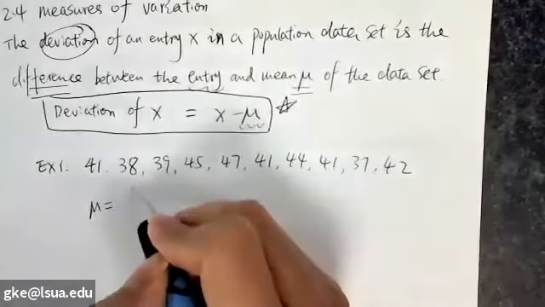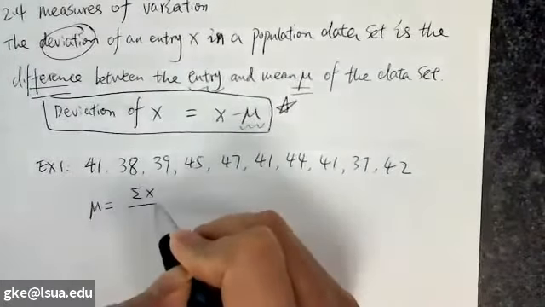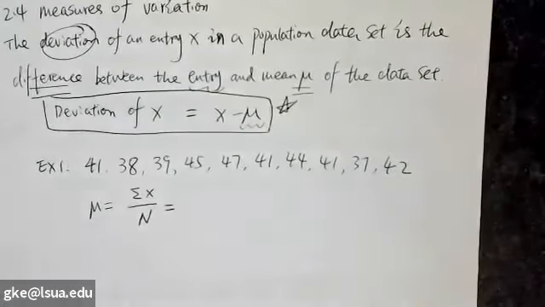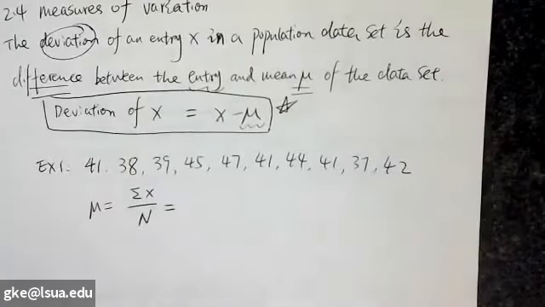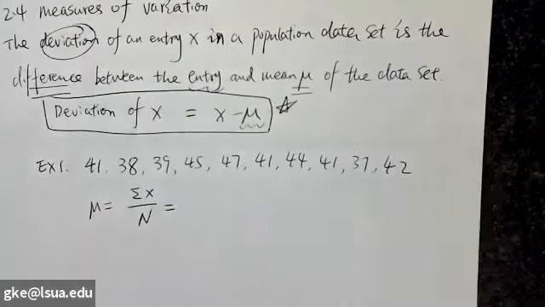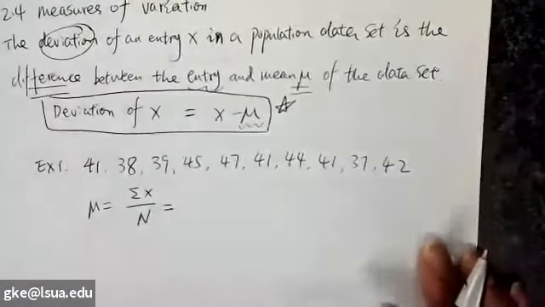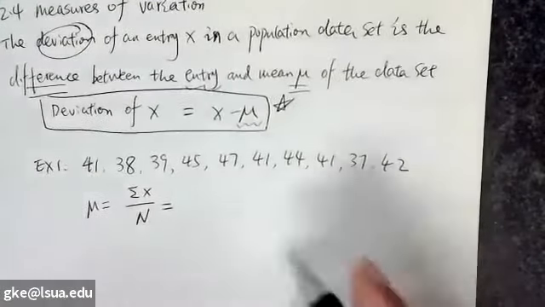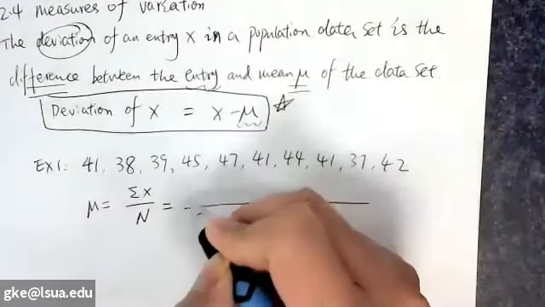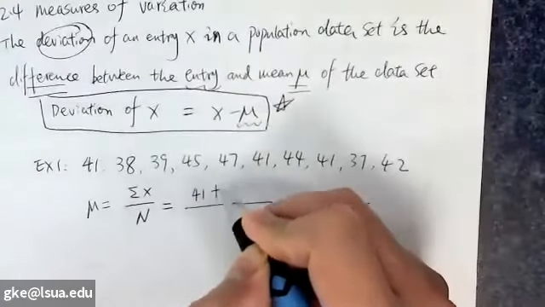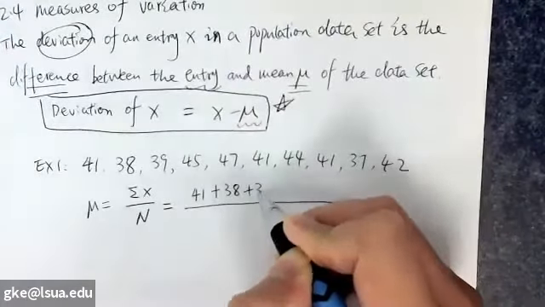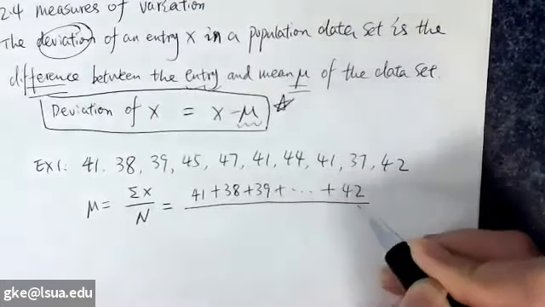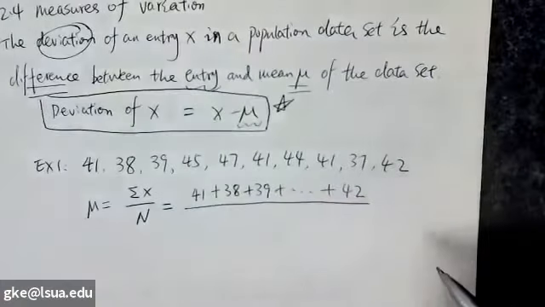Okay, so we have summation divided by the capital N. Capital N, that means the number of population. Okay, we just needed to follow this formula. So summation, we're gonna add all of them, okay?